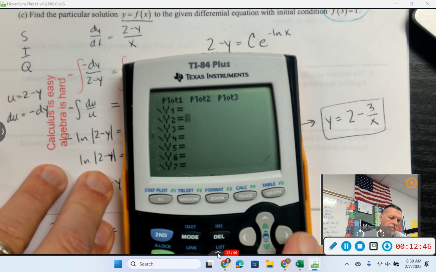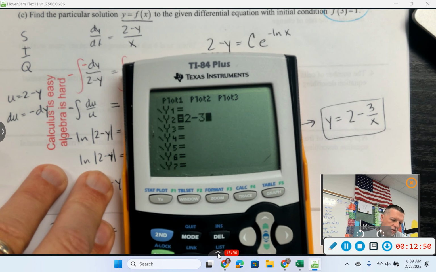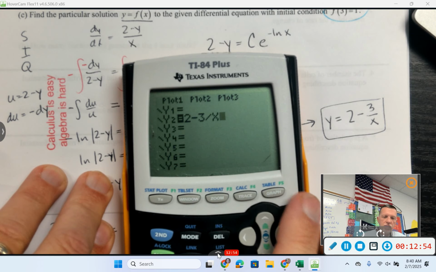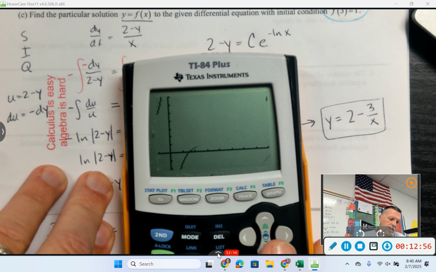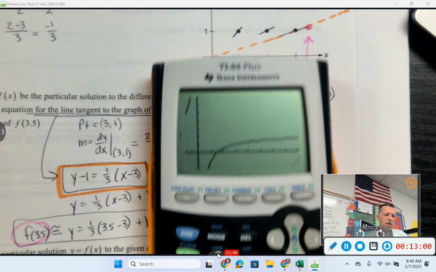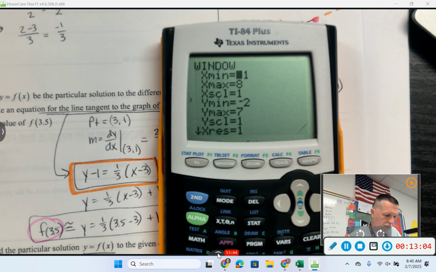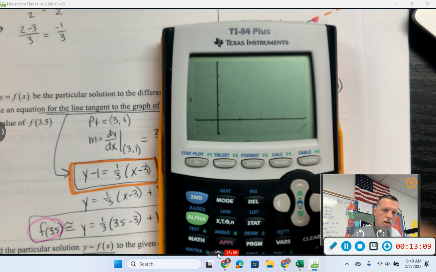Wondering if that fits with what our picture showed our answer should look like. 2 minus 3 over x. Yeah, I think maybe I changed my window to match my graph. Negative 1 to 4. Negative 1 to 4.